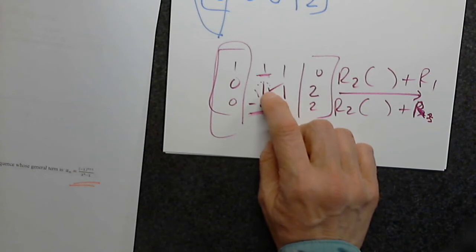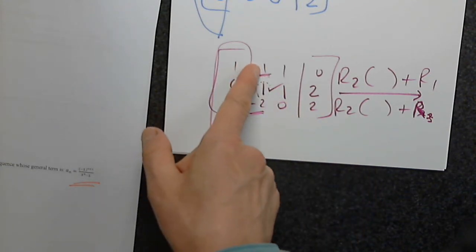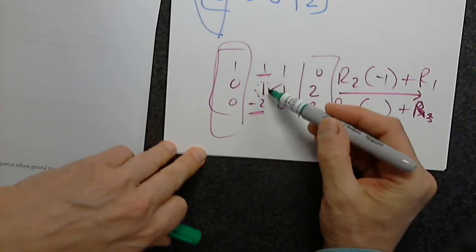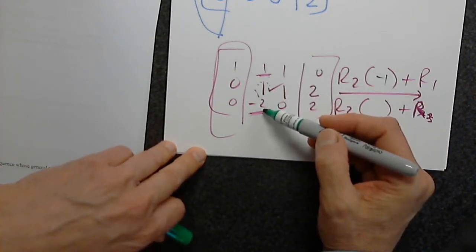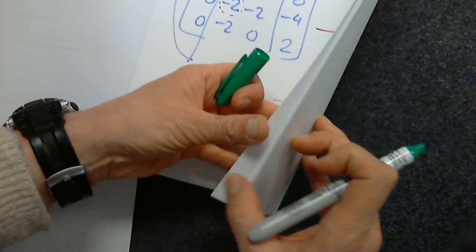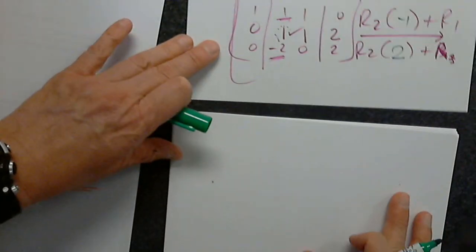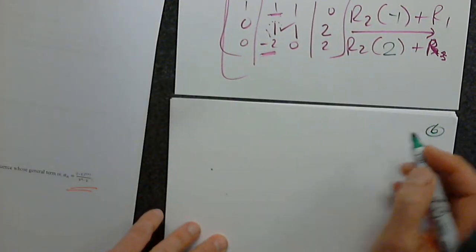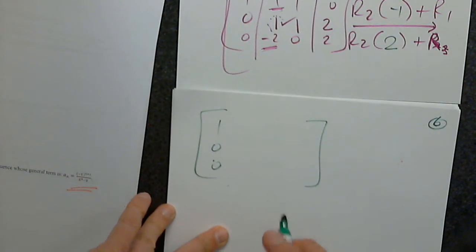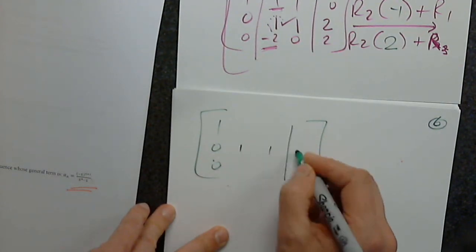What do I multiply the middle row to get a 0 here? Excellent. Good. Which row do I have to copy? Second. Yes. Very good.